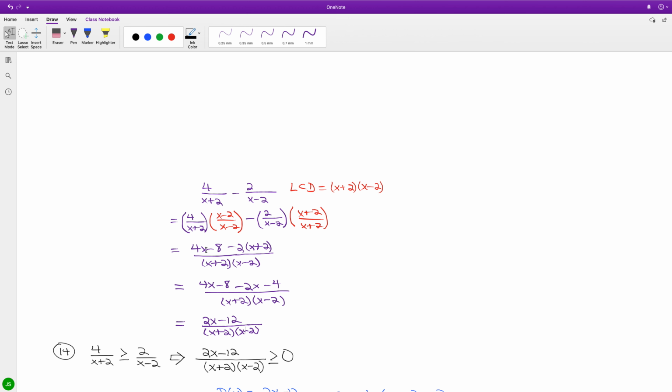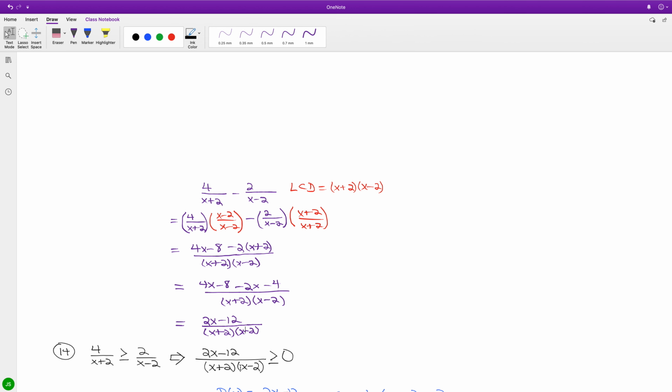And with the distributing, we have 4x minus 8 minus 2x minus 4. Combining the numerator terms, we come out to 2x minus 12 all over the product of x plus 2 and x minus 2.